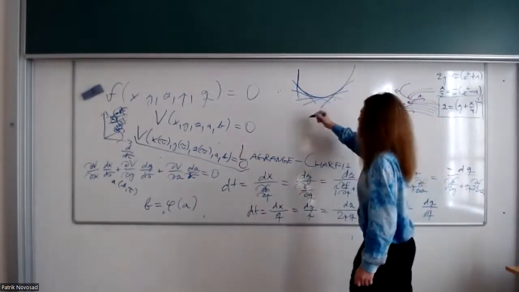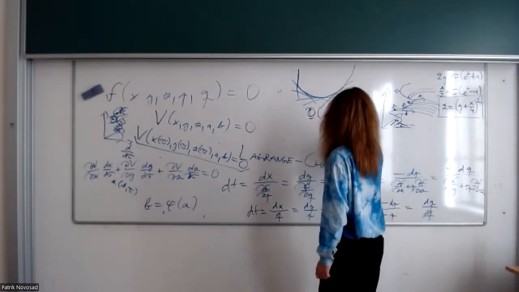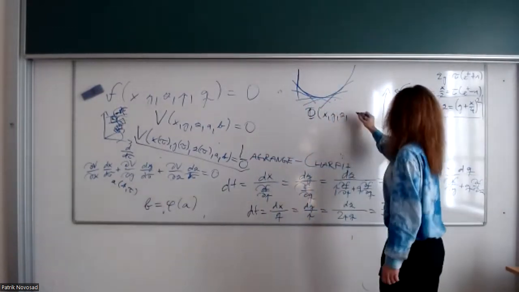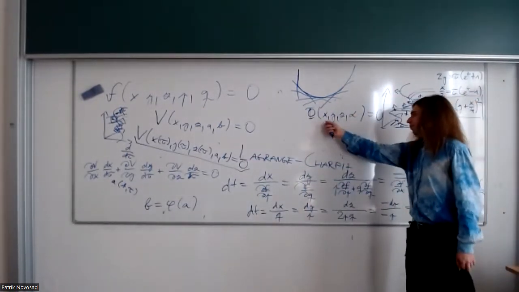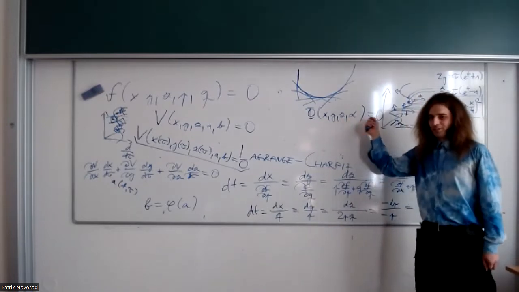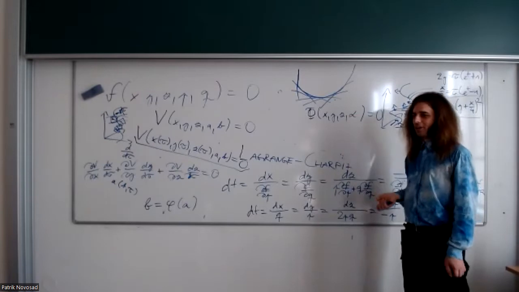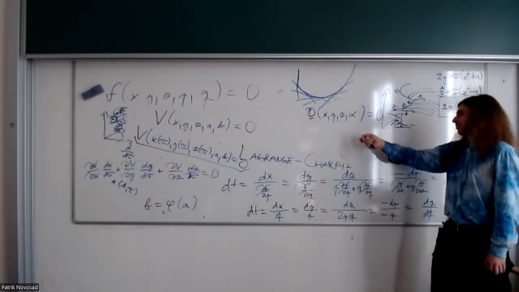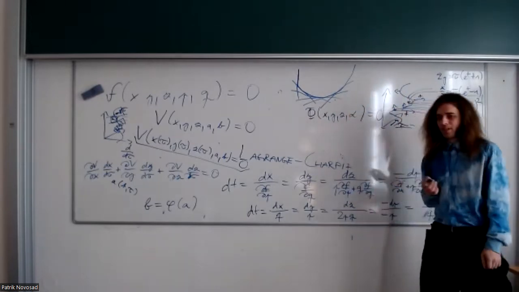Anyway, let's say that we have a one parameter family of surfaces that would be given by such an equation. A function of x, y, and z, and that one parameter is equal to 0, so that if I set the parameter to any particular value, I get the surface given by such an equation.